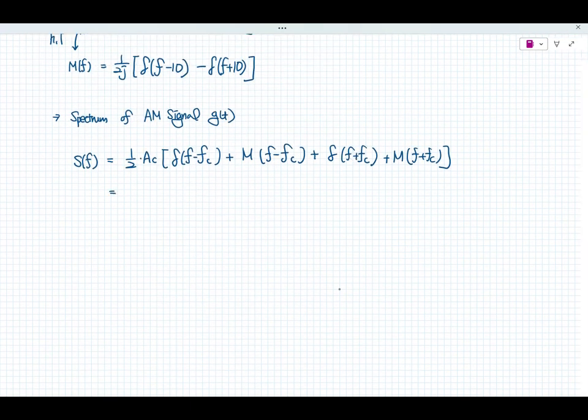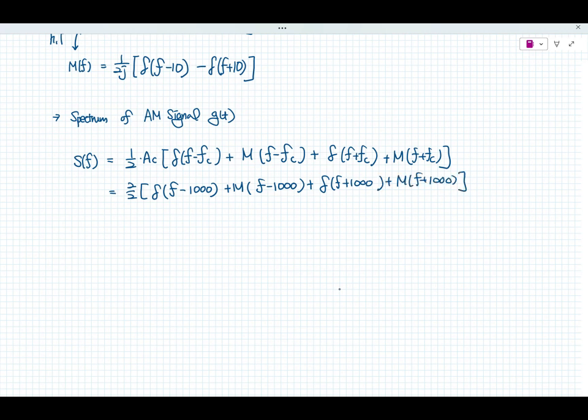Right there: 2 over 2 times delta of f minus 1000 plus M of f minus 1000, plus delta of f plus 1000 plus M of f plus 1000. So that was one.